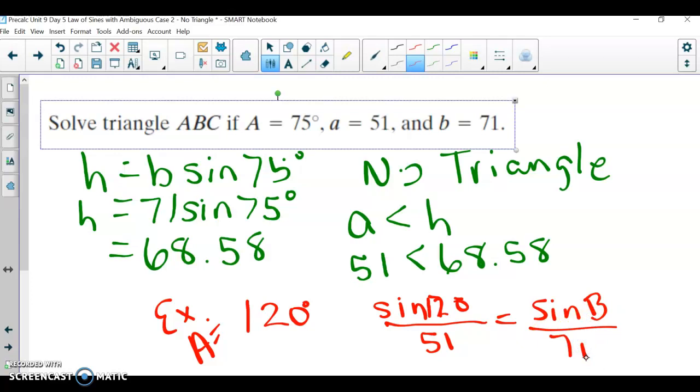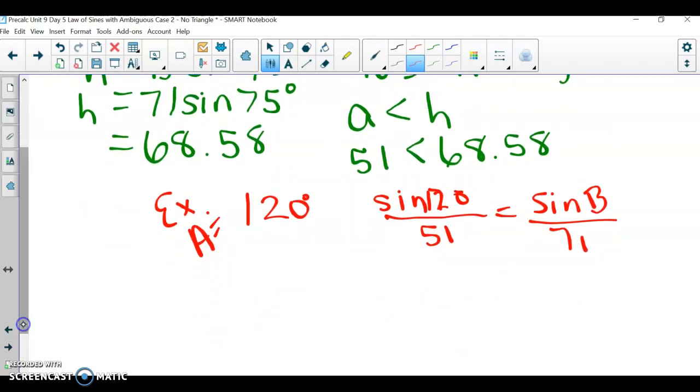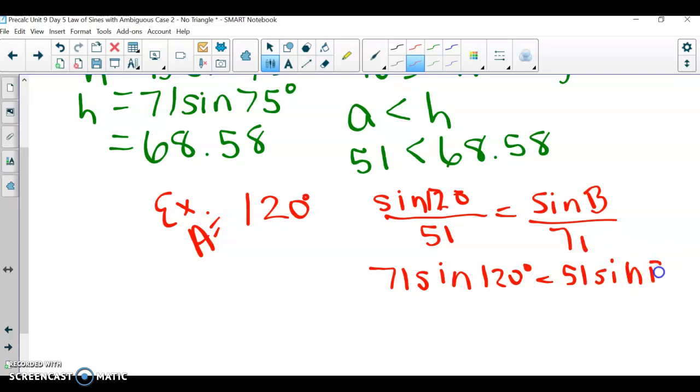I used those measurements, but I just switched the angle. Sine of 120 equals 51 sine of B. And then I would divide by 51.